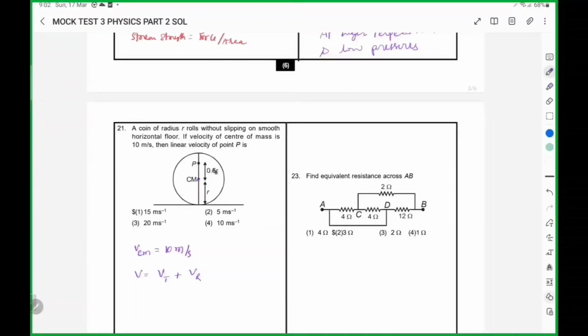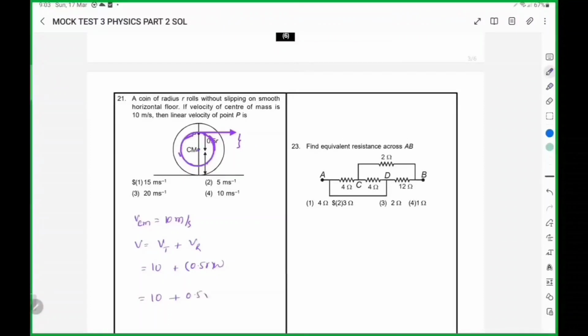Once the particle here at P, like this, this particle will have a velocity due to rotation at a distance of 0.5 r, that is 0.5 r into omega. Each and every particle will have the same translation velocity, that is 10 meter per second.